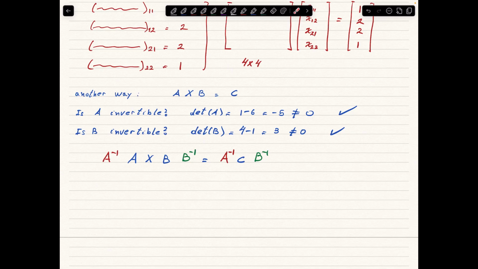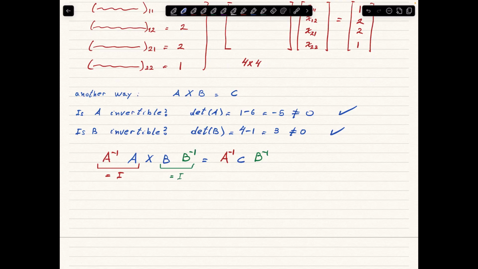And if we do that, in these two factors we get the identity matrix, and here also we get the identity matrix.